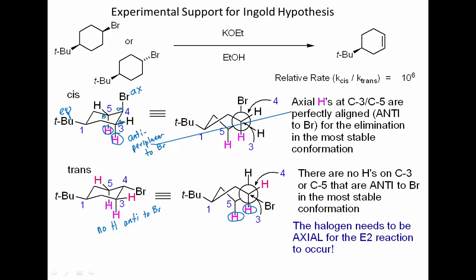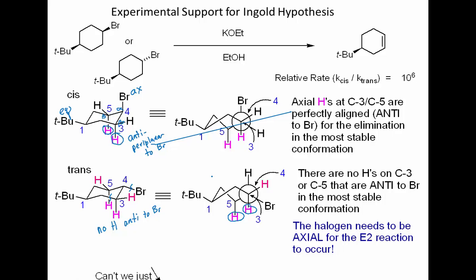In fact, if you look at what's actually anti to the CBr bond, it's actually the CC bond over here. So there are no hydrogens on C3 or C5 that are anti to the bromine at C4 in the most stable conformation. The halogen needs to be axial for the E2 to occur. If it's not axial, there can't be a hydrogen anti to it.